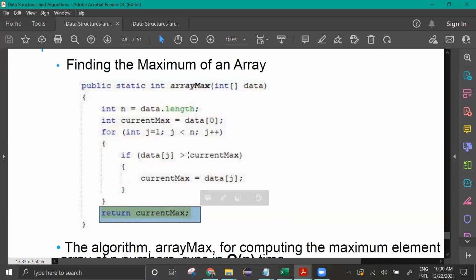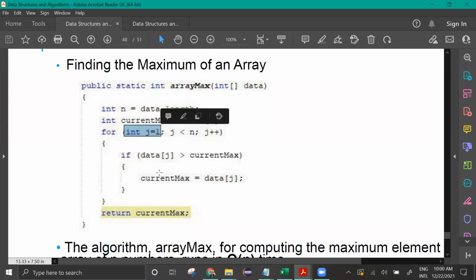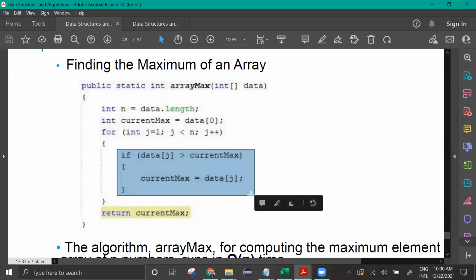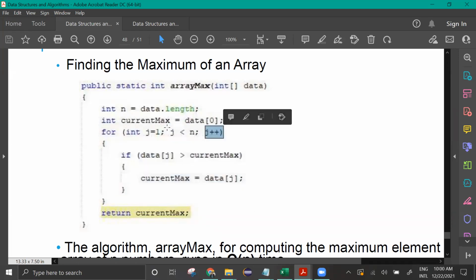We have another assignment operation, and then the comparison operation, and then this part, and then the increment and the assignment likewise. So we have some additional operations as well, right?